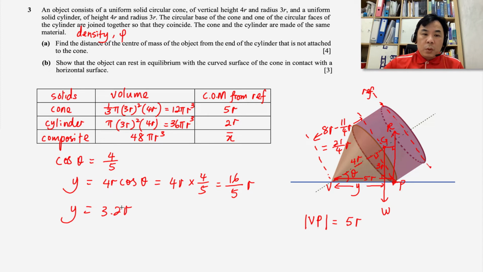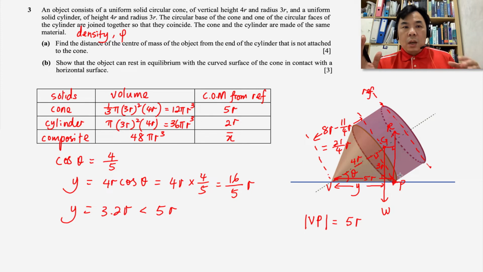3.2r. And then we know that 3.2r is less than 5r here. Therefore, this line of weight is within that pivot. You can say that it's to the left of the pivot. Therefore, this turning effect will not disrupt the equilibrium conditions of this composite solid.